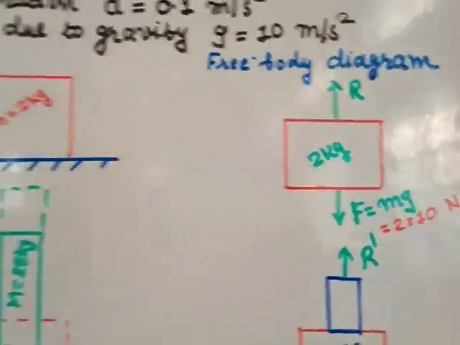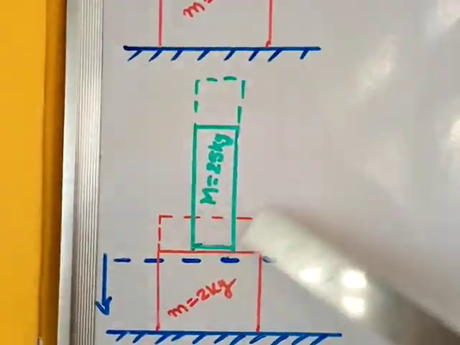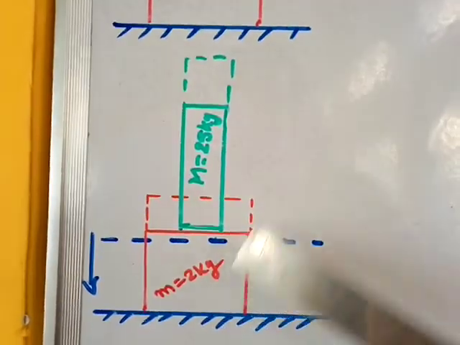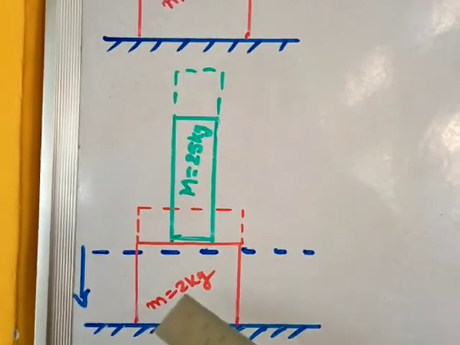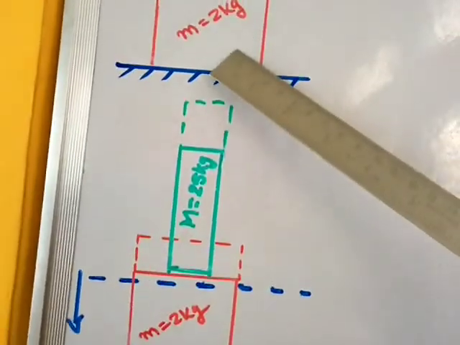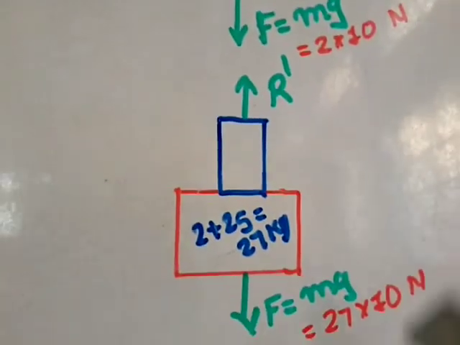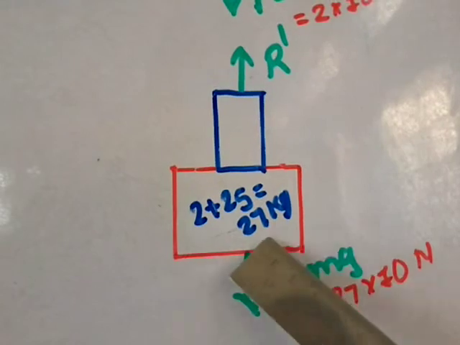Okay, and then in the second diagram, when you are placing this cylinder, the block and the cylinder together go down, right? Now the mass of the system has changed. In the first it was 2 kg, now 2 plus 25. So the system of cylinder and the block will have a total mass of 27 kg.